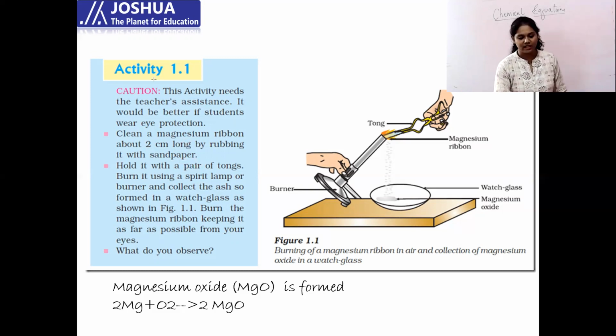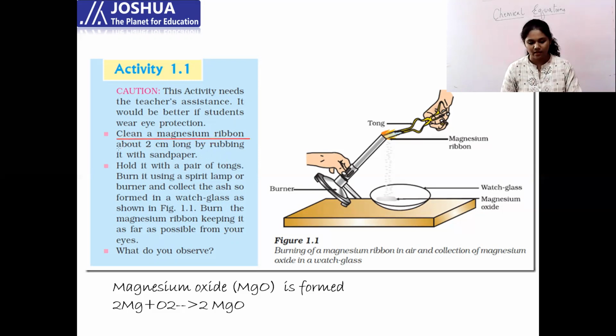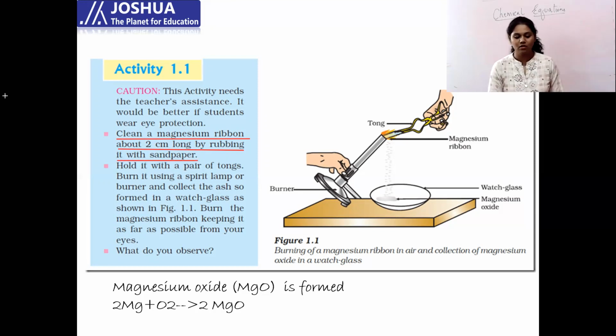Now my question is, why should you clean it with sandpaper? This explanation is not given in your textbook, but still it is asked in the questions. So you should know why you need to clean the magnesium ribbon with sandpaper. When you keep this magnesium ribbon outside, what is happening with it?